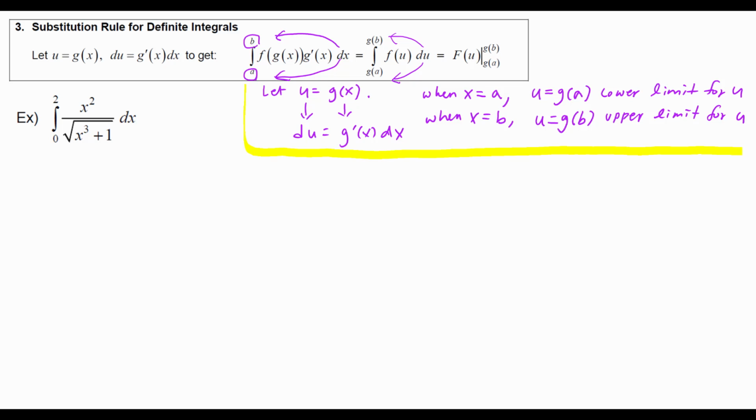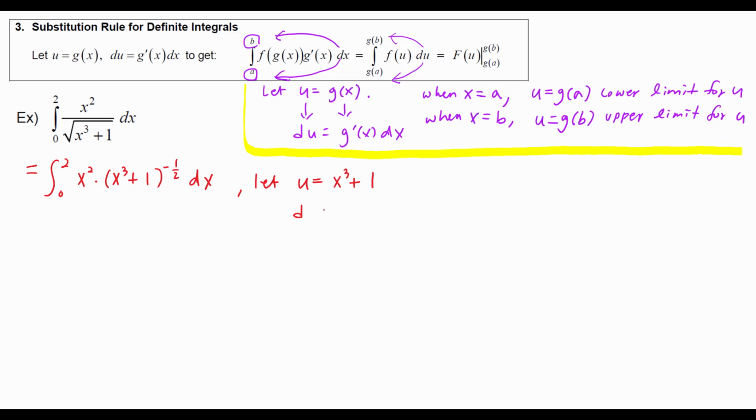So this integral is equal to the integral from 0 to 2 of x squared times x cubed plus 1 to the negative 1/2 power dx, since I'm bringing it up from the denominator. So now I see that I have a composite function. Then let u equal the inner function of my composite function, which is x cubed plus 1.